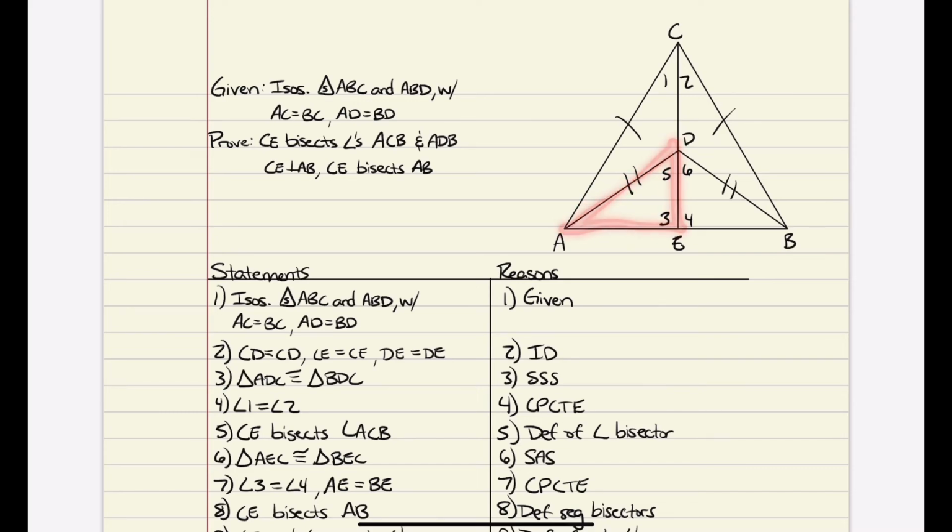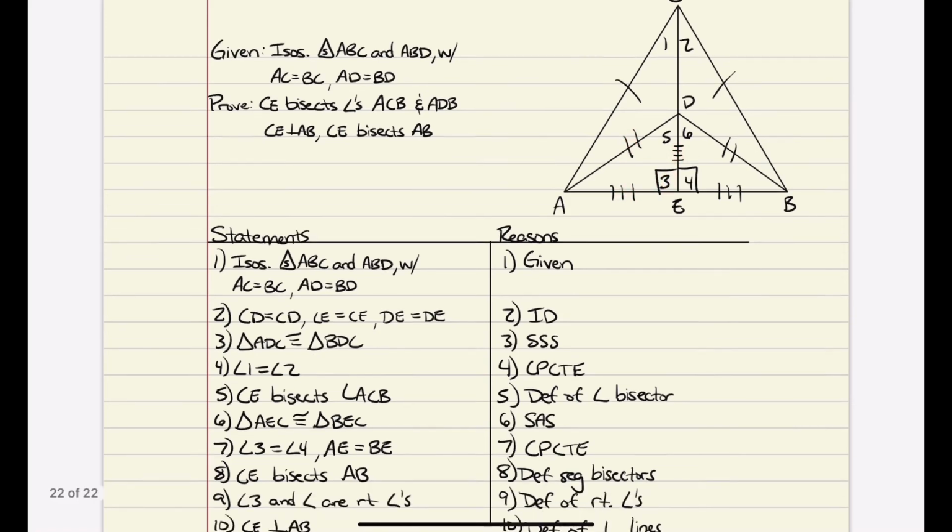I'll even mark these now. I've said that that's equal to that. I've said that these are two equal angles. We've already stated a long time ago that that's equal to itself. So we could either say side, angle, side, or we could say side, side, side. I'll put both of them down.